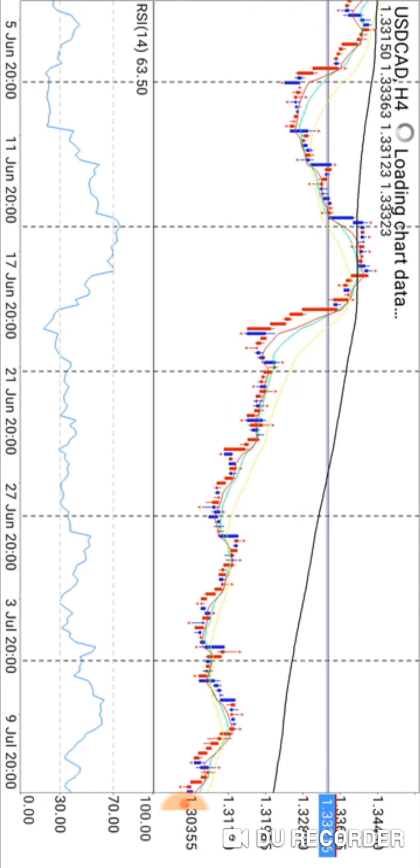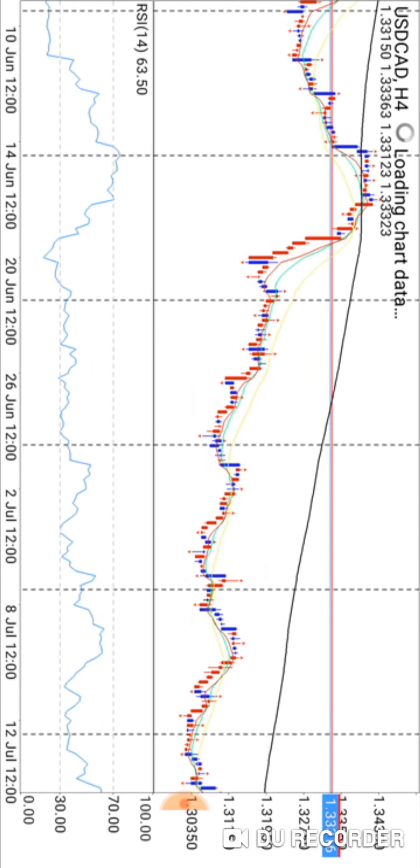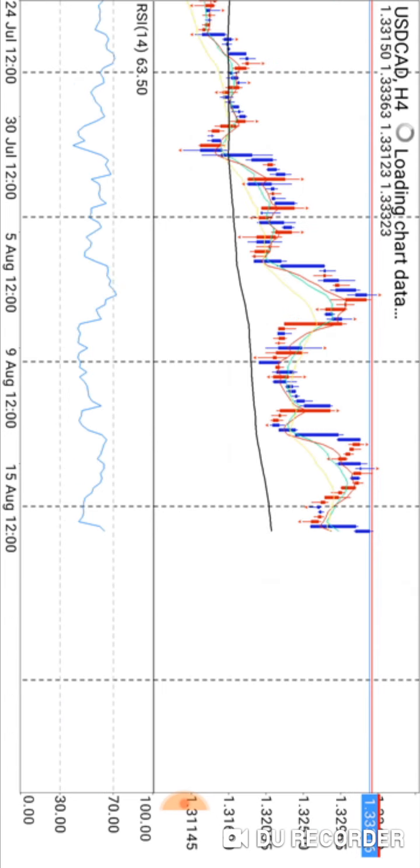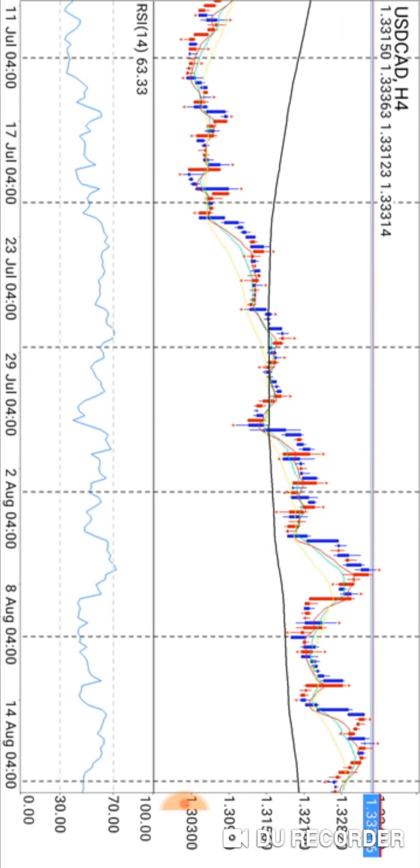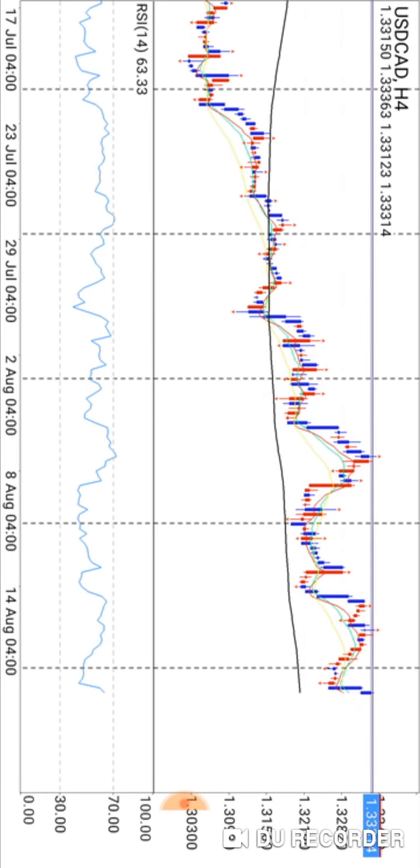But if the market is below the 200 moving average, like here, it means they are selling the base currency, which is the USD, and buying Canadian dollar. If it is above it, they are buying USD and selling Canadian dollar. They are exchanging.